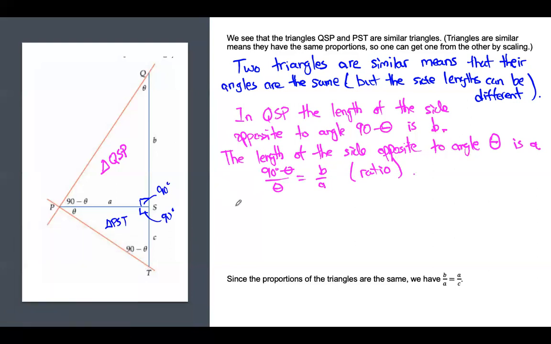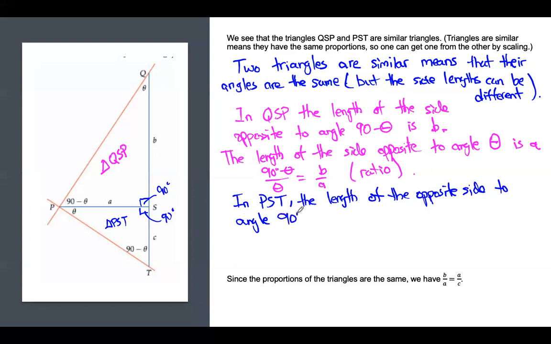Let's go back to blue. So in the blue triangle, or PST, the length of the opposite side or of the angle, let's say 90 degrees minus theta is the length.